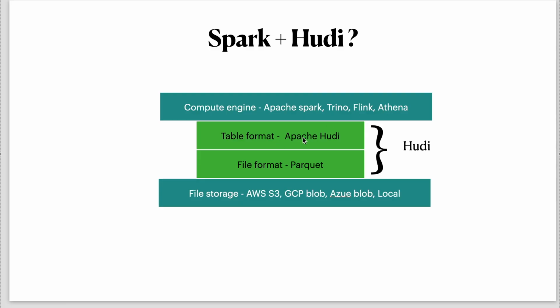Table format and file format come under Apache Hudi. So table management and table format are managed by Apache Hudi, and the file format is managed through Parquet files. And file storage could be anything. It could be S3, GCP, Azure, or local storage.